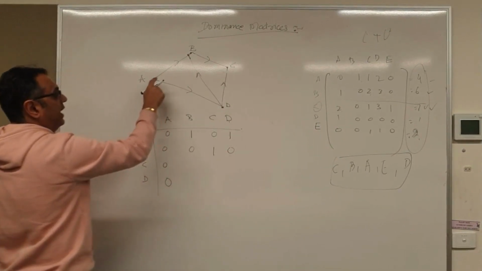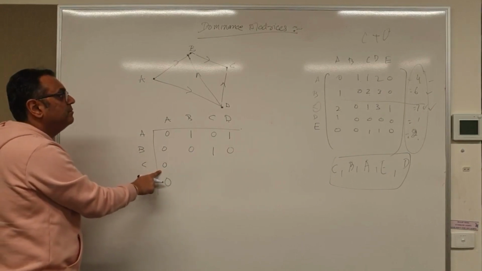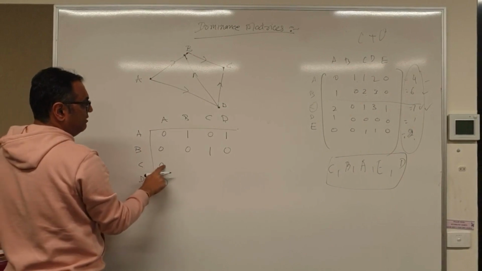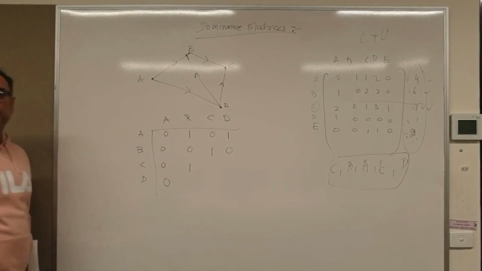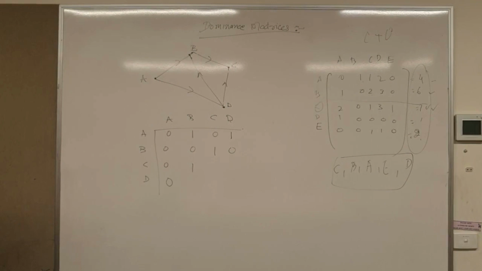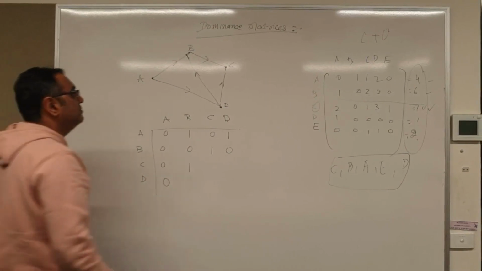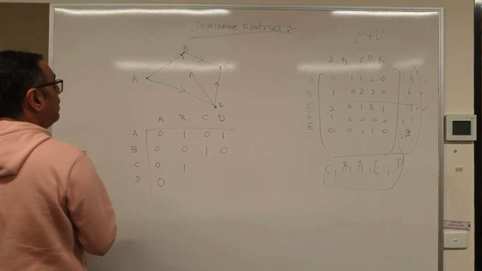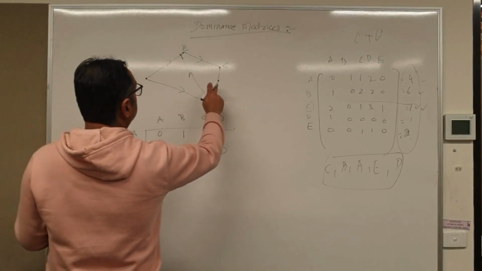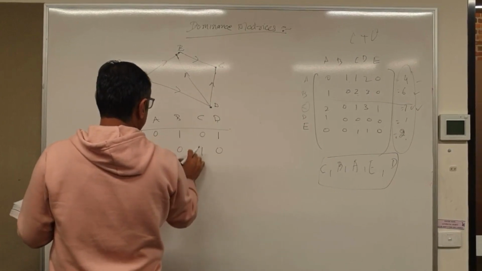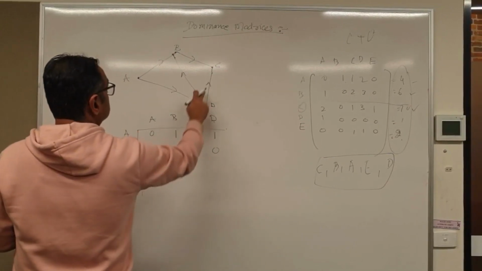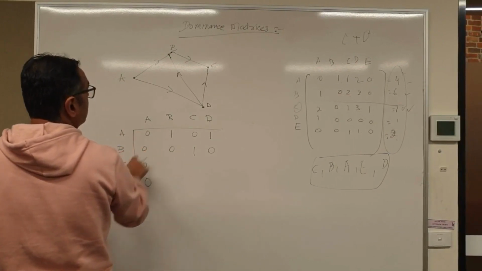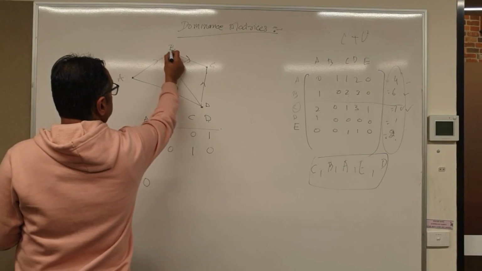Let's go to C. C to A, there is no connection. C beat B. I'm looking at this connection, right?